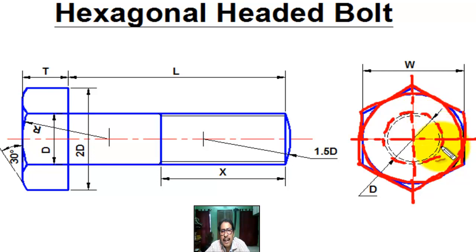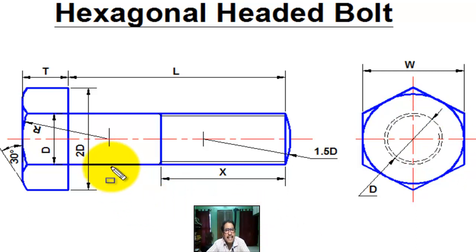And for the thread, we draw the inner circle. The first quadrant of the inner circle will be cut out. So this is the final elevation and final side view of the hexagonal headed bolt. It is clear, my student. Thank you.